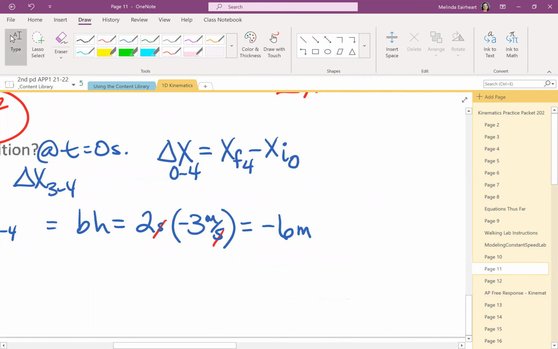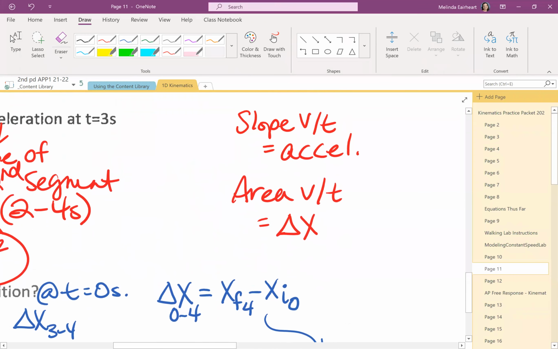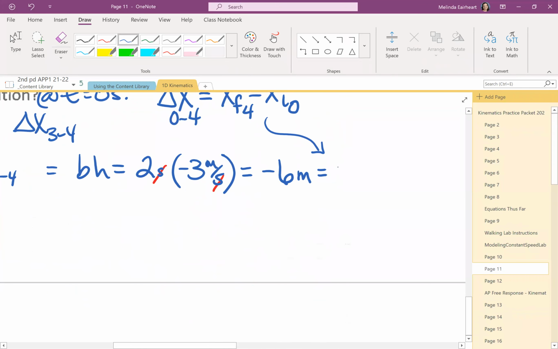And so go to the defining equation. We know that the final position at 4 seconds, that was told to us, they said it was 4 meters. So that was given. And we are solving for initial position.